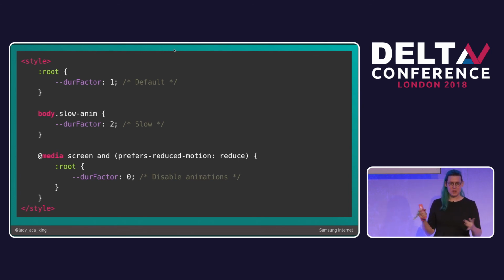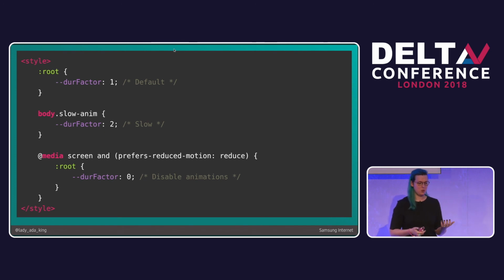But there's some really nice stuff. There's the prefers reduced motion media query, which I can't remember how well that's supported, but you can listen for that and use it to set the duration of your animations to 0 so they happen instantaneously. And then you can still listen for the callbacks for them to finish, just the callbacks will fire instantaneously, which is really nice.